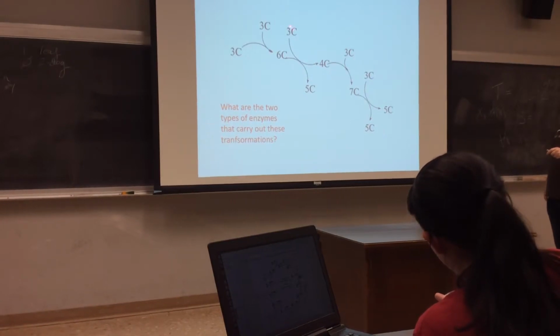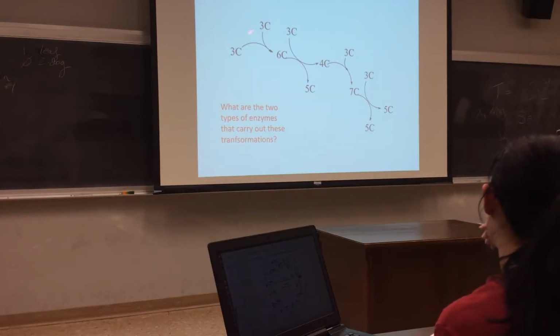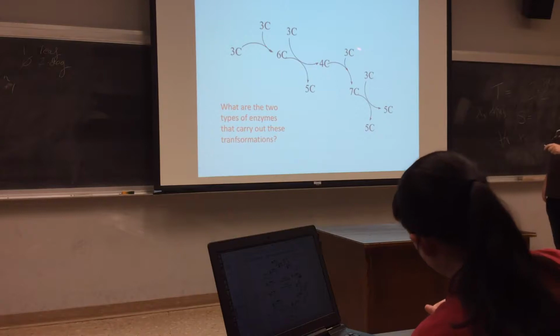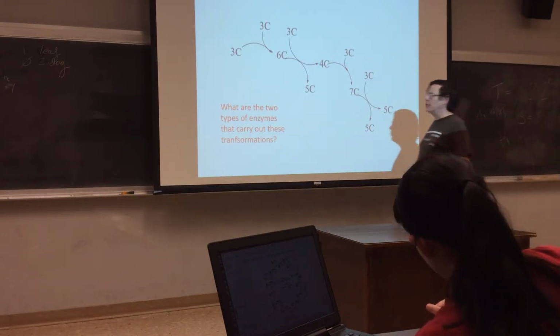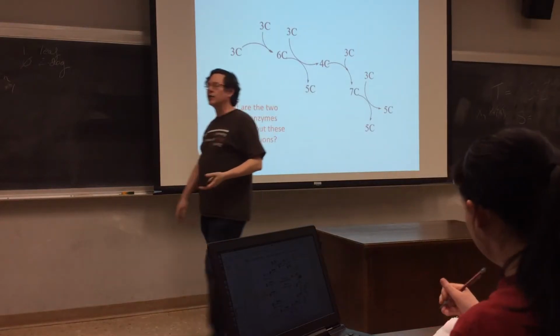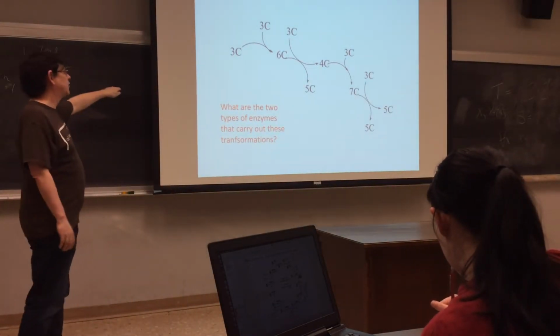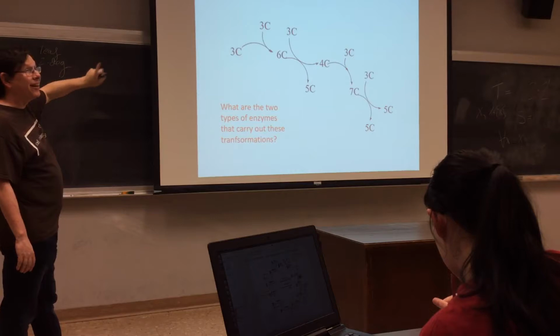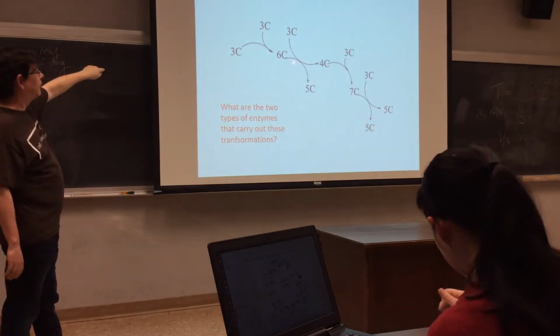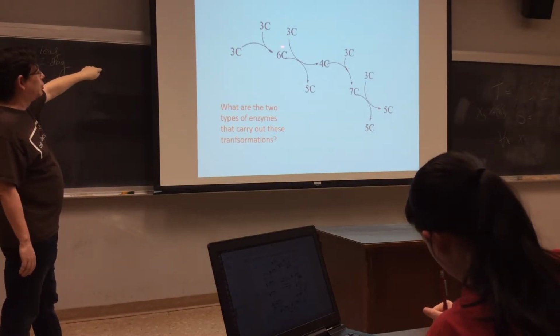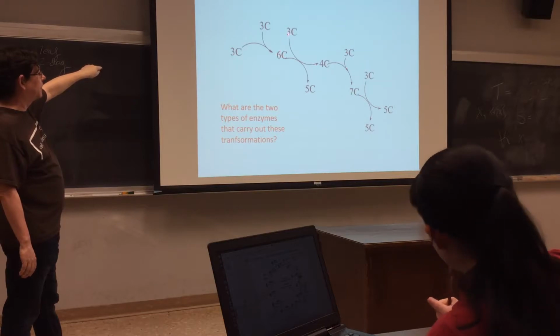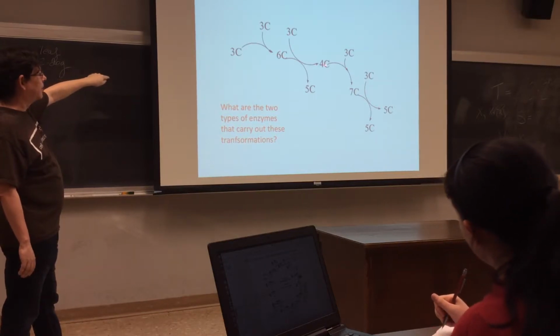Aldolase here, transketolase there. So you should be able to do that aldol synthesis reaction. It's just the reverse of the aldolase reaction, which you know. The transketolase reaction that runs through thiamine pyrophosphate is perhaps a little more tricky, where we move 2 carbons from the top of that 6 to that 3 to make 5, leaving behind 4.